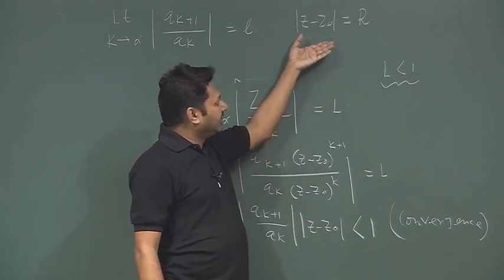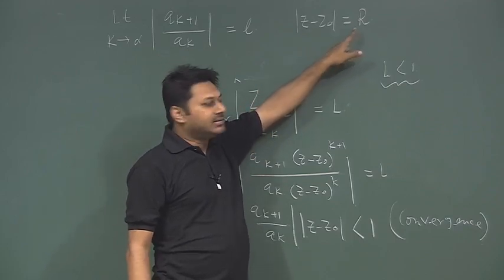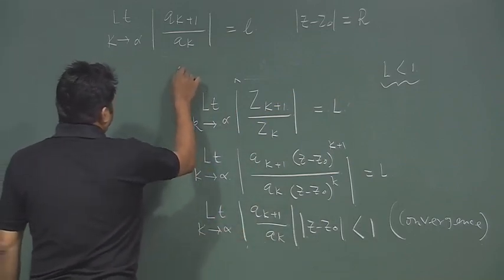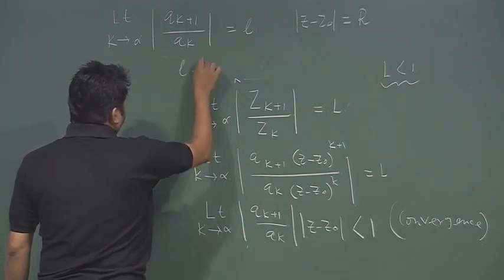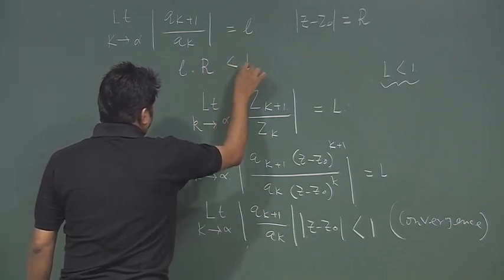The expansion is convergent under the condition when |z - z0| is R, and this R is the radius of convergence. So from that I can find that l multiplied by R is less than 1.